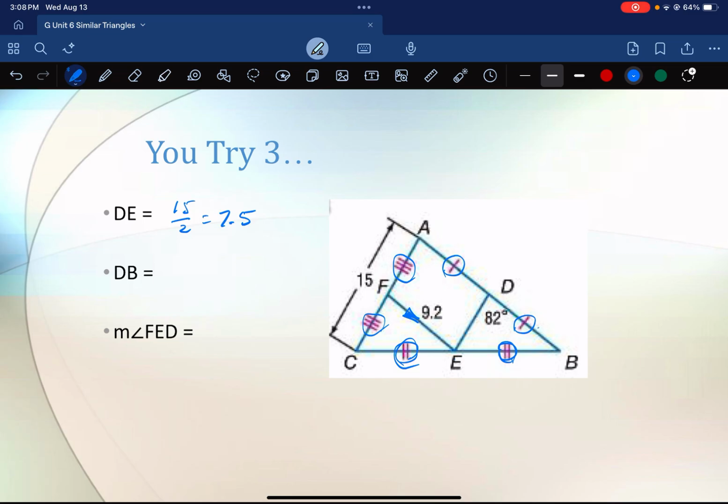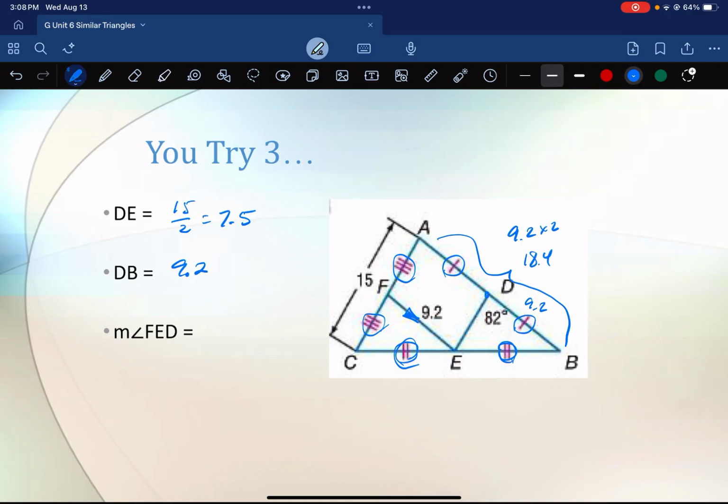Well, in other words, AB is twice FE. So if I take 9.2 times 2, I'm going to get 18.4, and that's the length of AB, but we want DB. Well, it's just half because those are midpoints. That's a midpoint. So DB is 9.2.